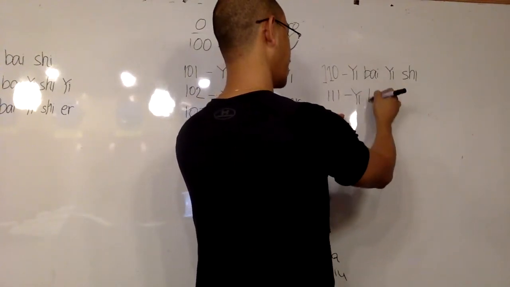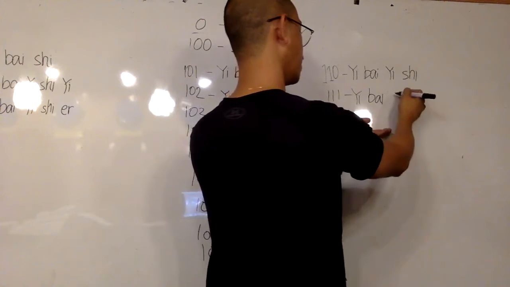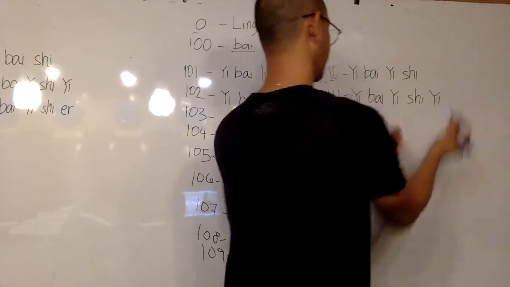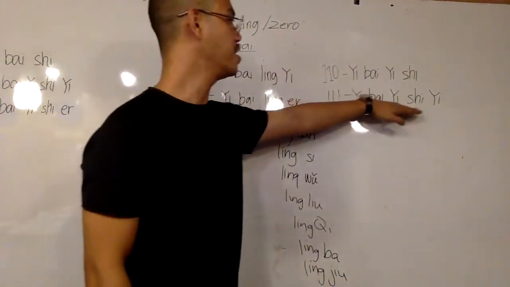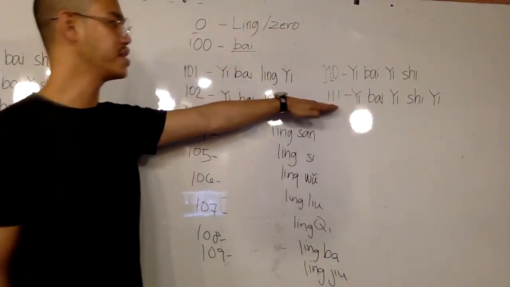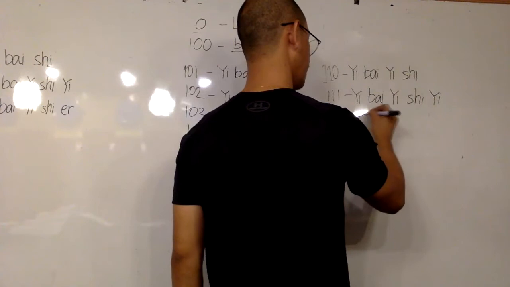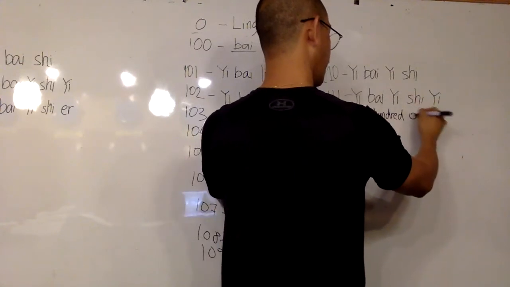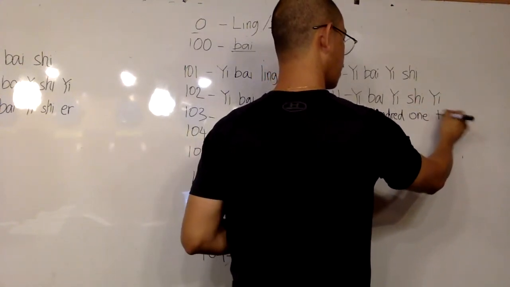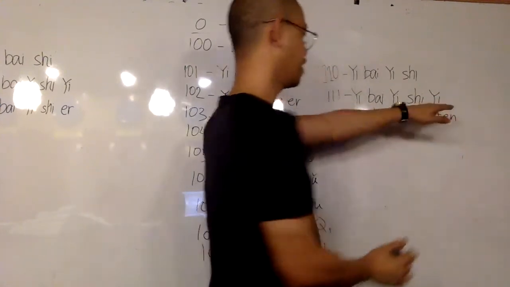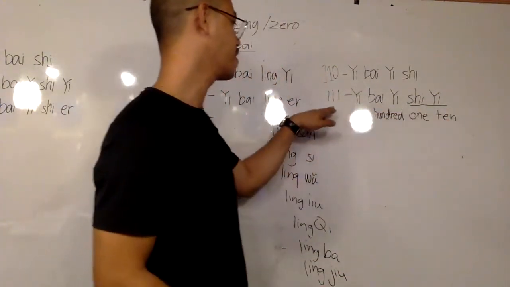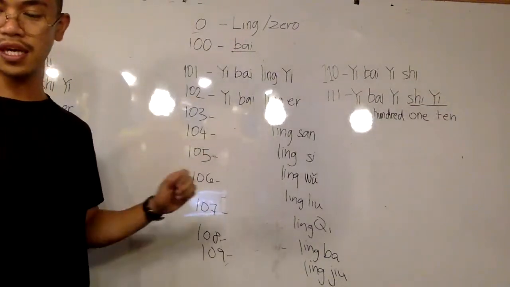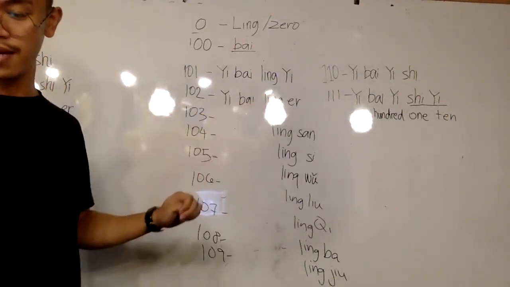We should read it this way: yi bai yi shi yi. 111.